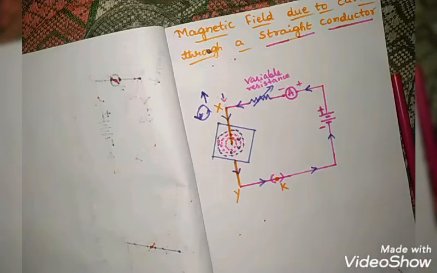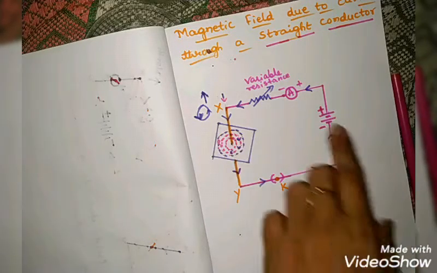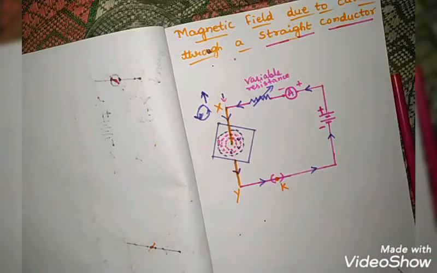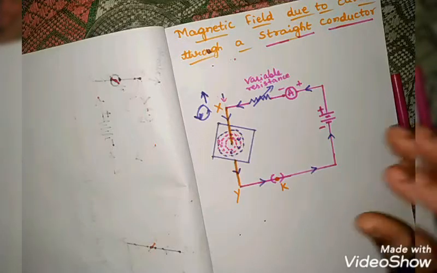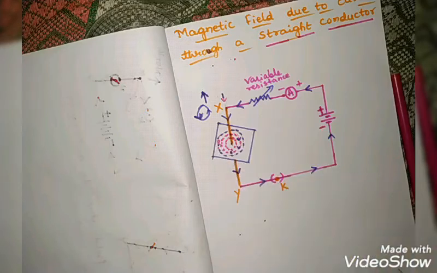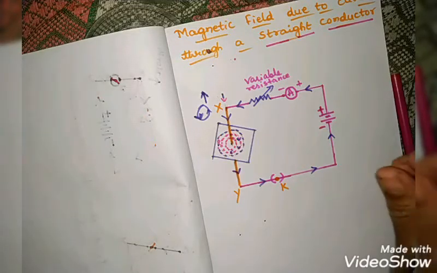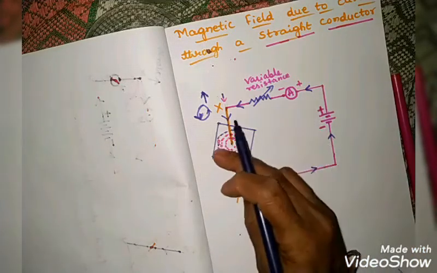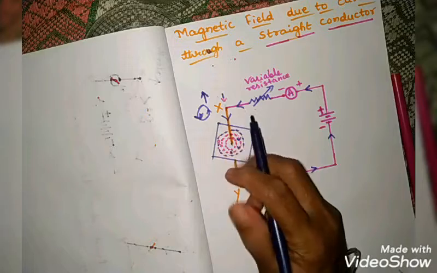Now, let us see if the current is increased. How can we increase the current? By varying the resistance, we can increase the current, and the deflection also increases. How can we find out the magnetic field at a point, for example, point P?